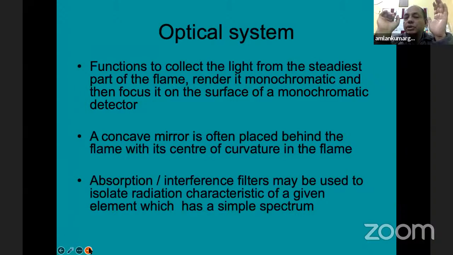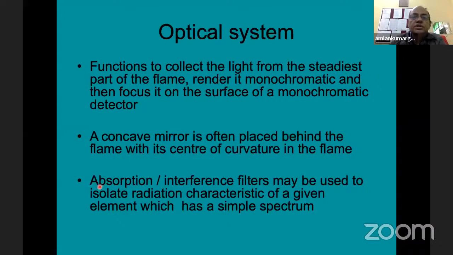And this emitted radiation has to be read or detected somewhere. It passes through the optical system, and the work of the optical system is to collect the light radiation from the steadiest part of the flame and focus it onto the detector.